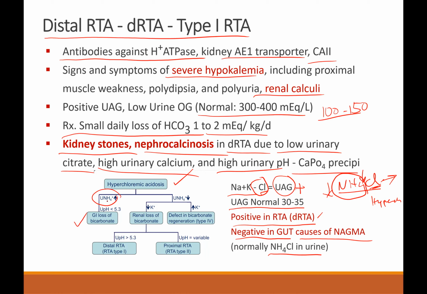And because the ammonia is excreted, urine pH is acidic. How do I distinguish the hyperchloremic acidosis of GI origin and hyperchloremic acidosis of renal origin? By looking immediately in the urine. Urine ammonia is more, urine is acidic, and the GI loss of bicarbonate is the reason.